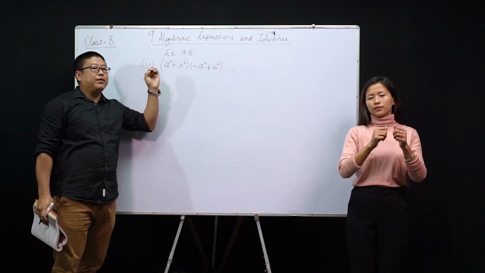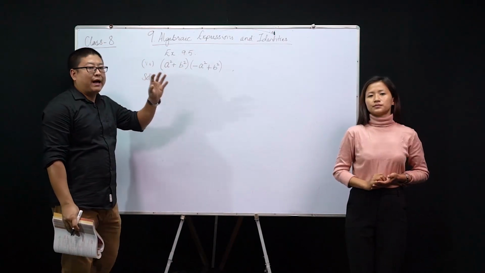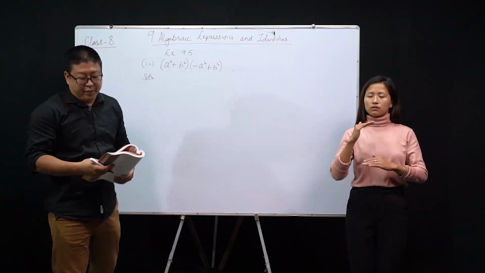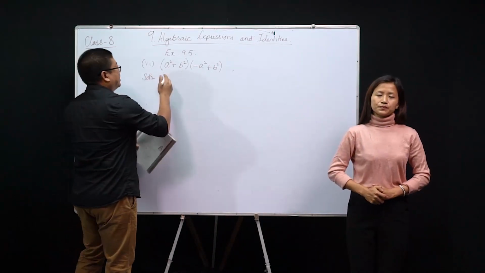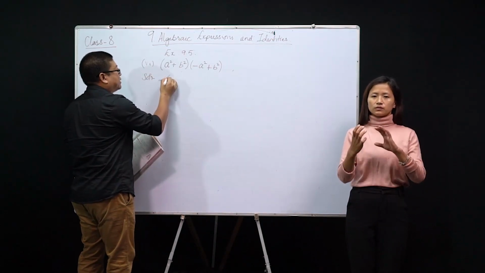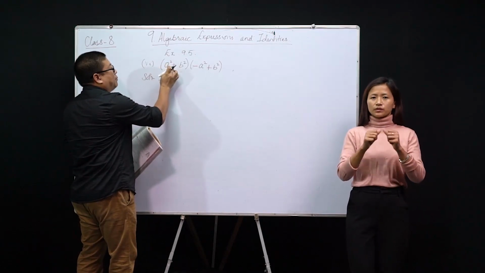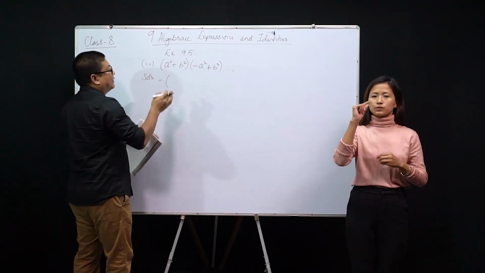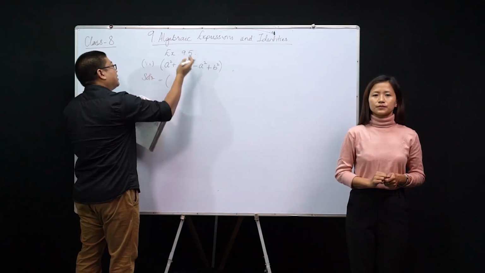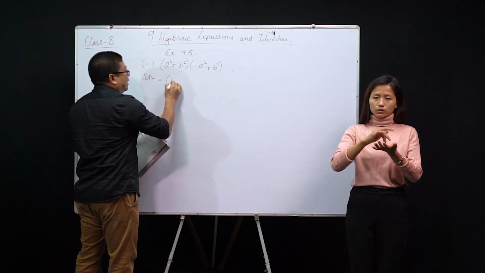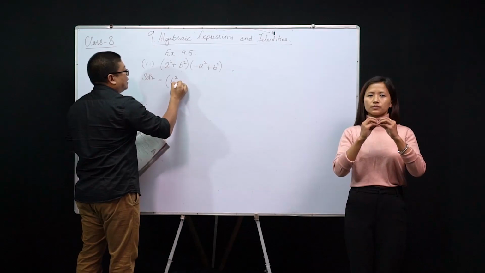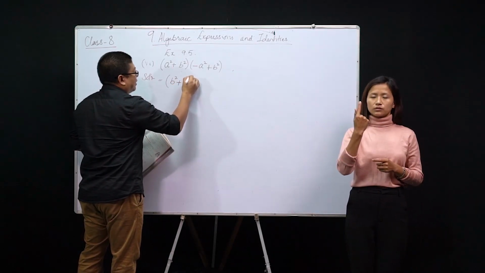We have not seen any identity, but here we have to make some arrangements. We're going to make a few changes. So a square plus b square is given like this, but now we're going to change the position of these terms. b square will come first plus a square.